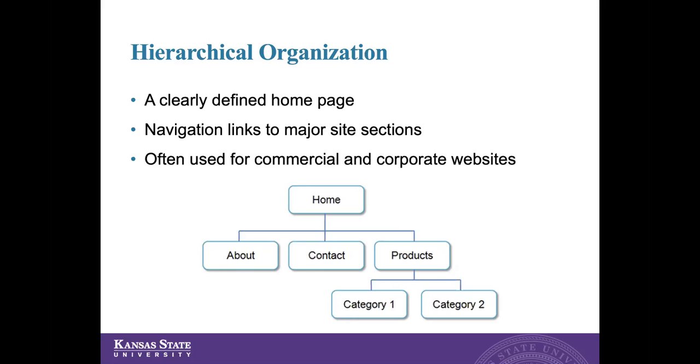This is used on a lot of corporate, commercial sites. Even think about K-State's site. It's organized pretty much like this because we have a lot of main sections like academics, student life, those types of things, and then within those sections we have subsections and pages.